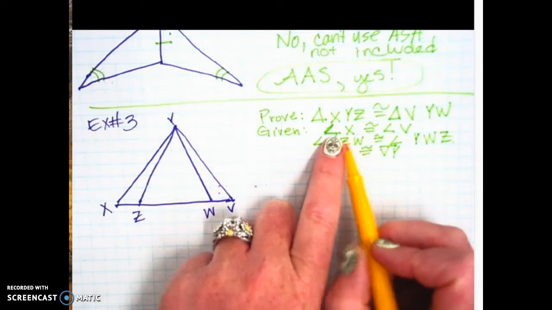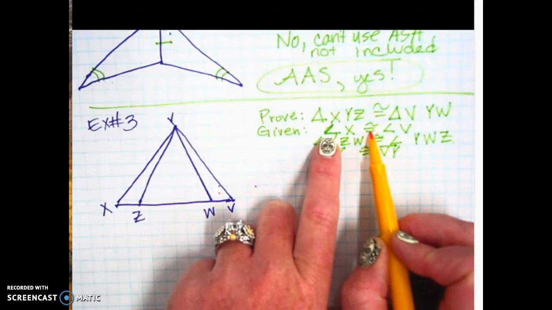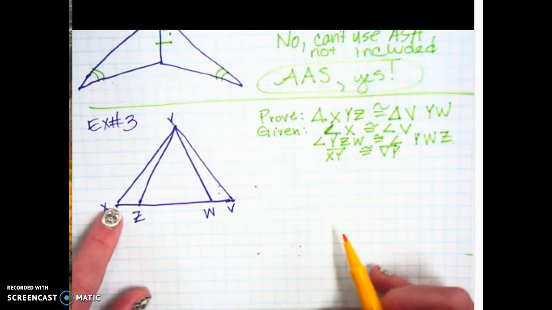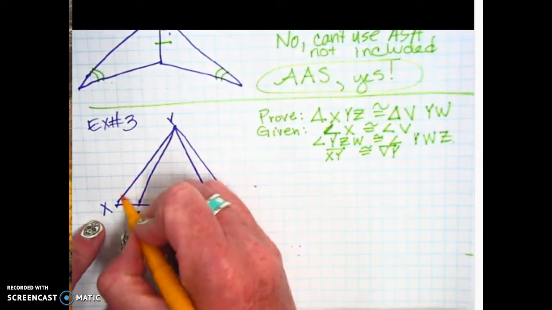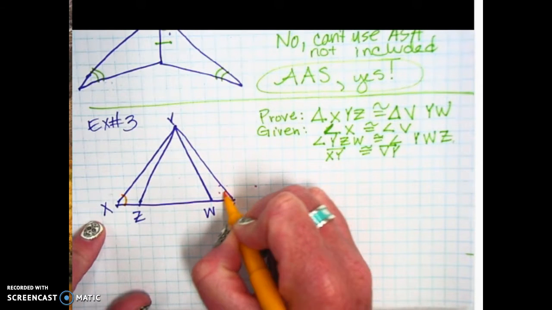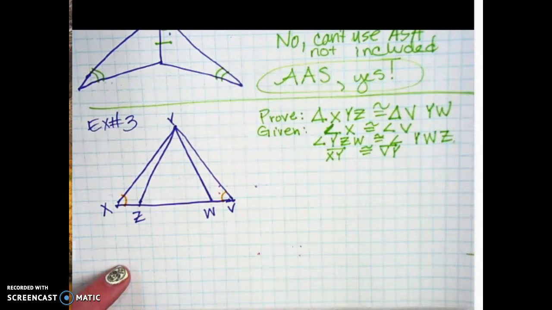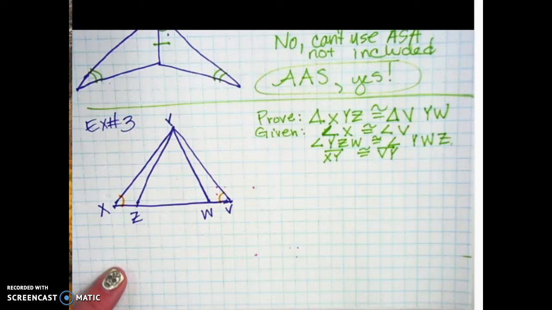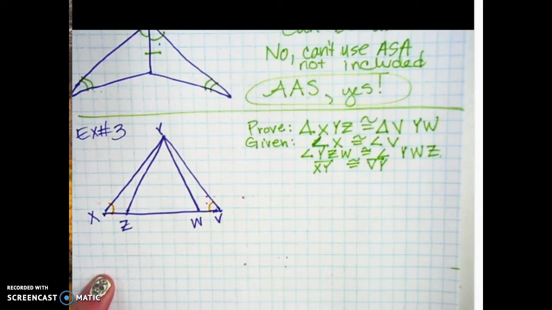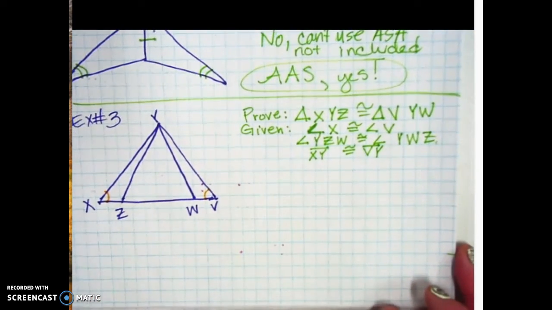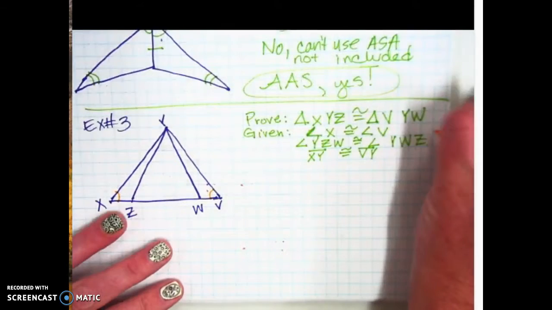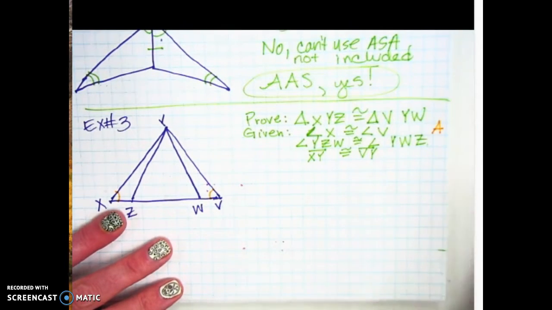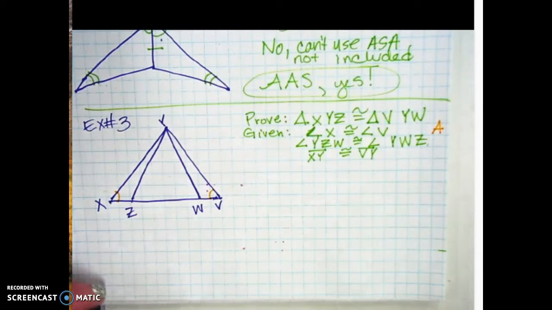So the first statement says that angle X is congruent to angle V. Here's X and here's V. At each one, I'm going to make a single arc mark. So those two are congruent to each other. That gives us our first A. Over here on the right, I'm going to write an A, because it gives us an angle.